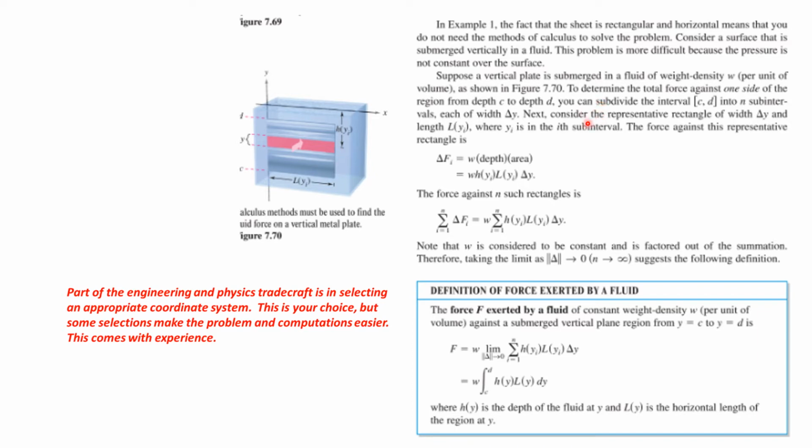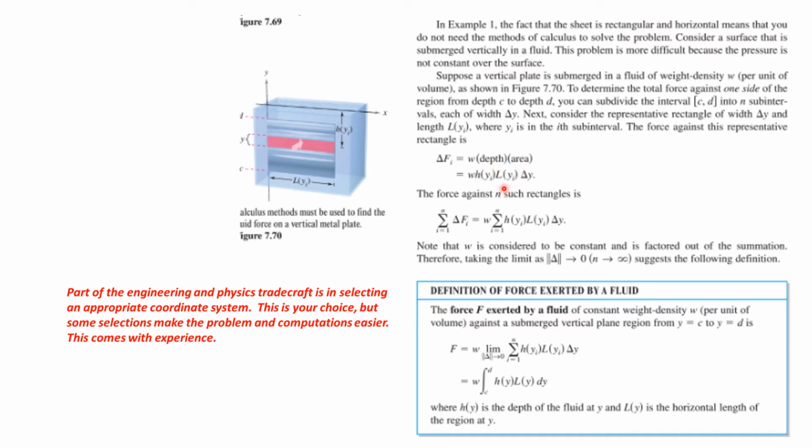So anyway, here we go. Next, consider that representative rectangle, a width of delta y, a length of L of y sub i, where y sub i is in the ith subinterval. So the force is going to be equal to the density times the depth times the area.